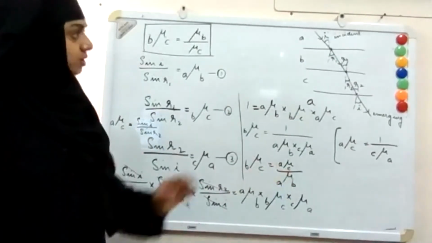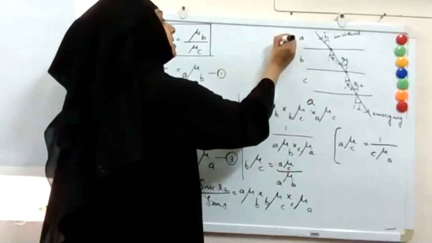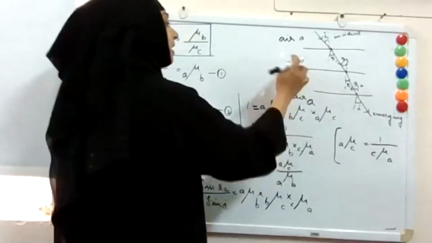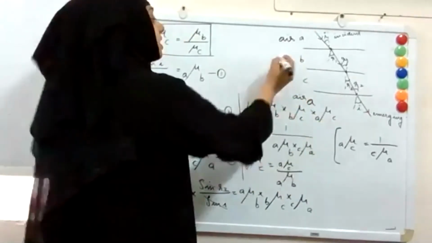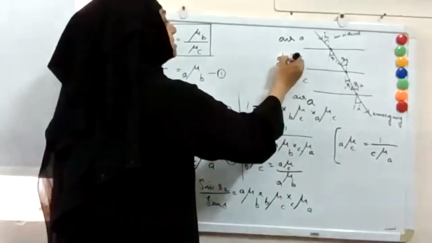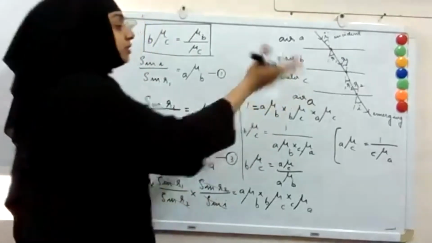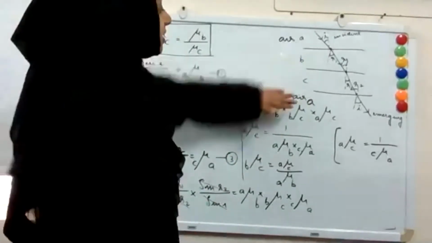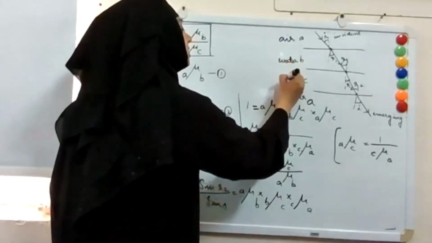Yes, teacher. Now, suppose the first medium and the last medium are air, and these two are any two media. For example, this may be glass and this may be water, or the other way, whatever. Whatever be the case, any two media.